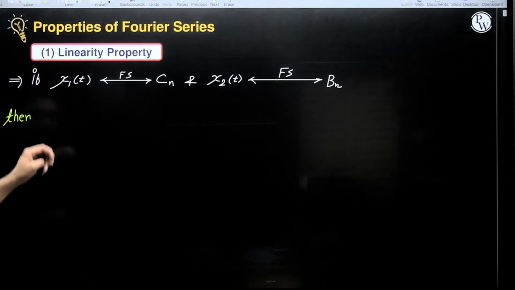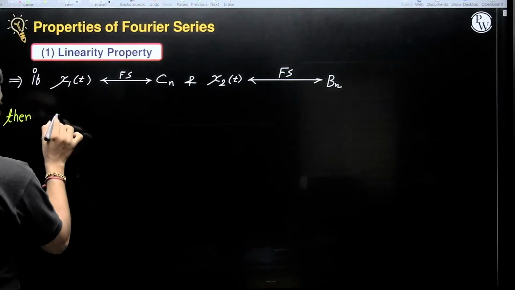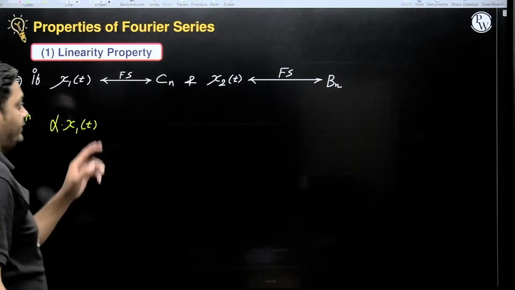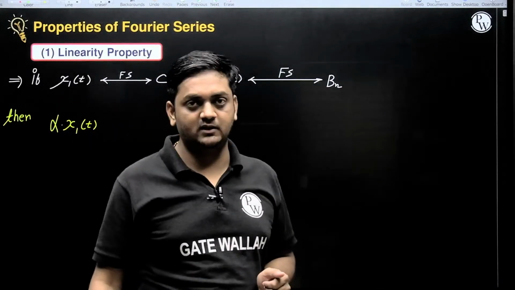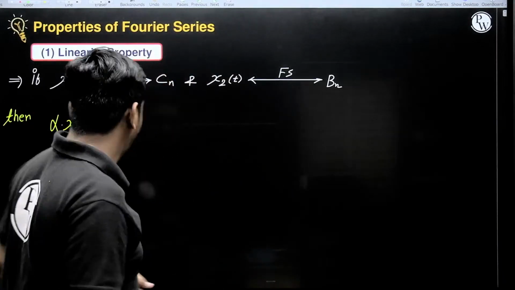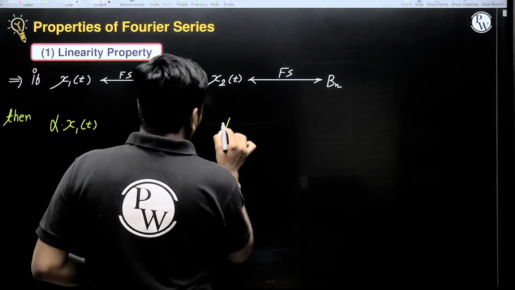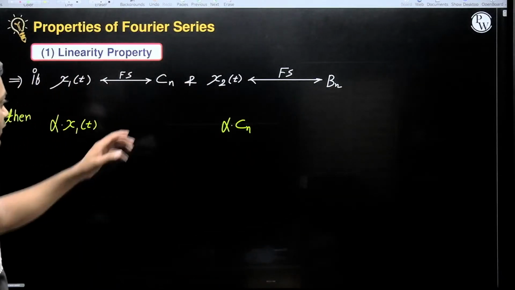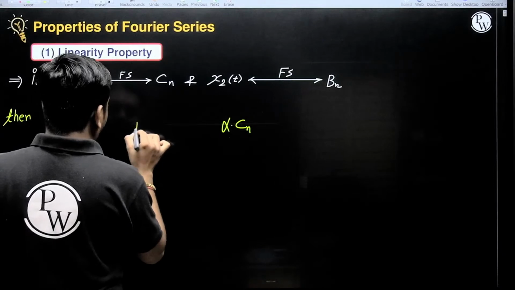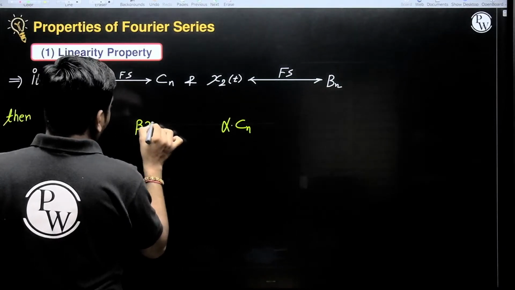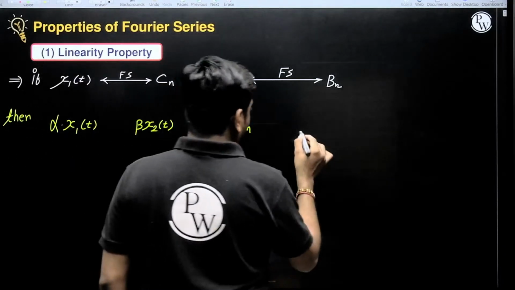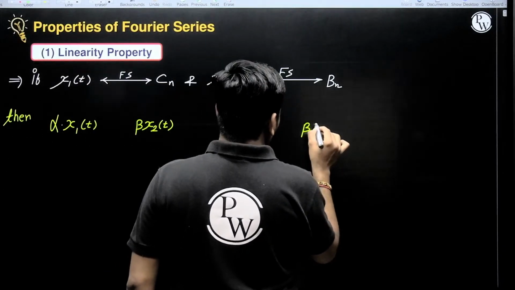If you multiply x1 of t with a constant alpha, then the corresponding coefficient Cn also gets multiplied with the same factor alpha. In the same way, if you multiply x2 of t with beta, then the corresponding coefficient also gets multiplied with beta.